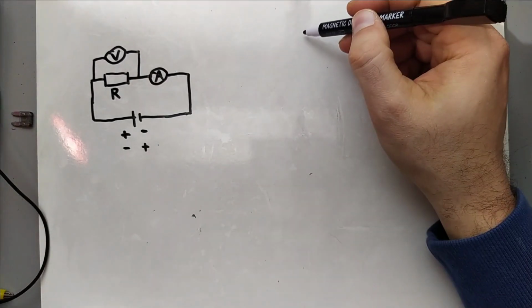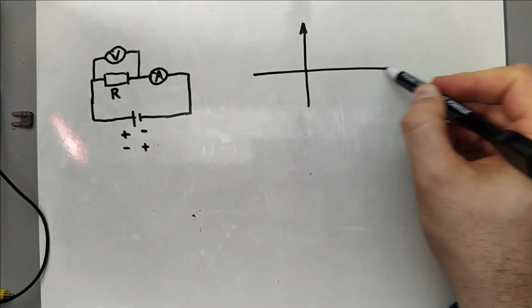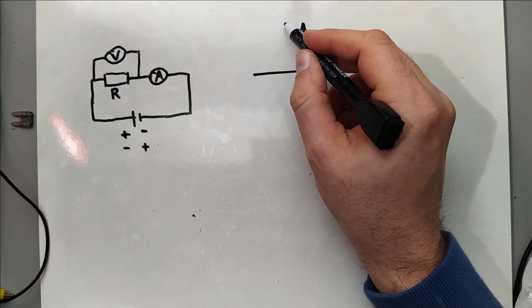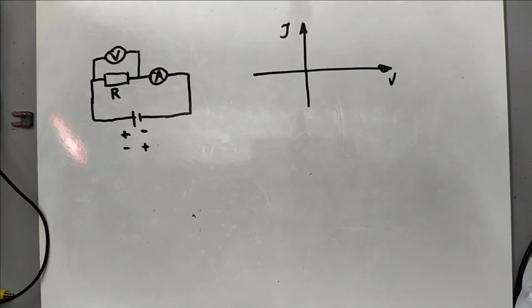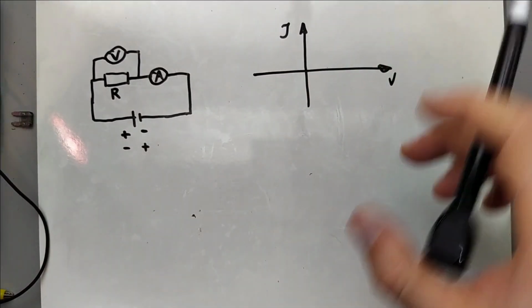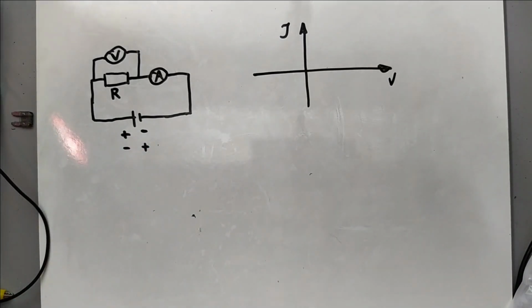So current voltage characteristic is a dependence of current versus voltage. It depends what kind of device we are measuring, just a resistor or some more complicated electronic device such as a light emitting diode.